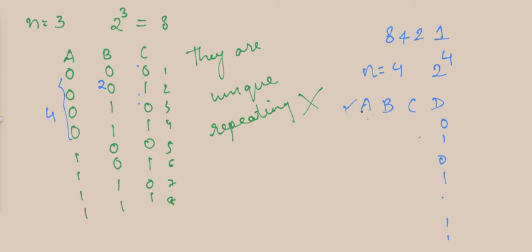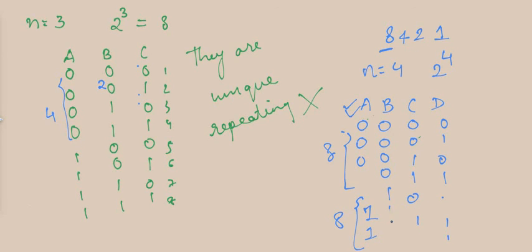And I am telling you, for this variable how many times will it have 0? 8 times, right? And how many times 1? 8 times. And the rest of the things remain the same. We will continue to do this. Here 4 times 0 and 4 times 1. Okay, so this is how we decide input, and this is the way we write input combinations.